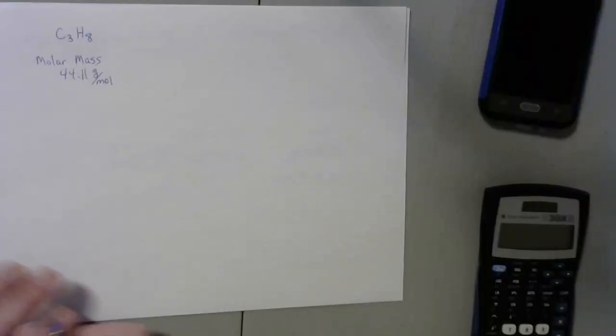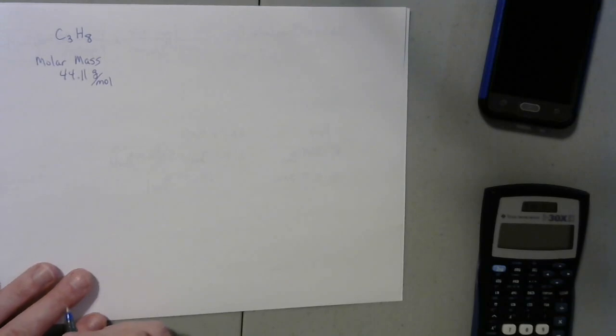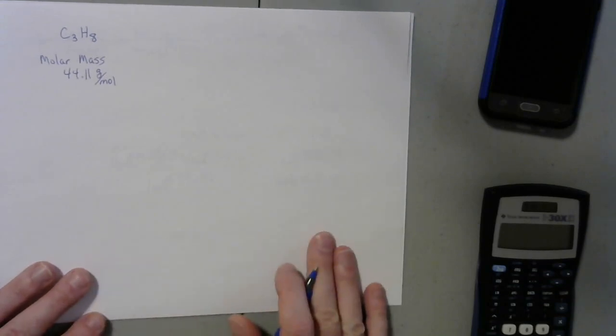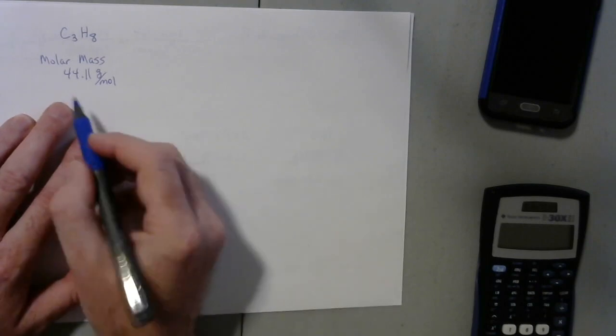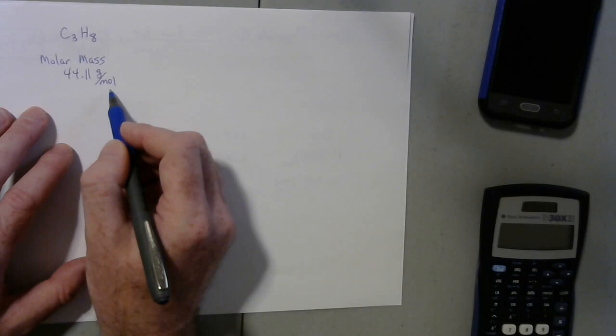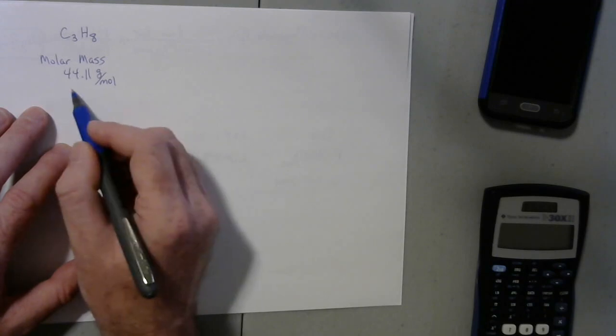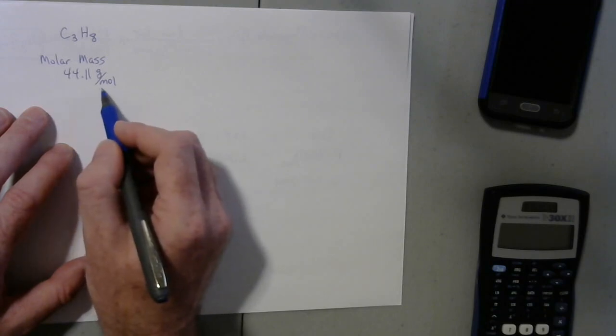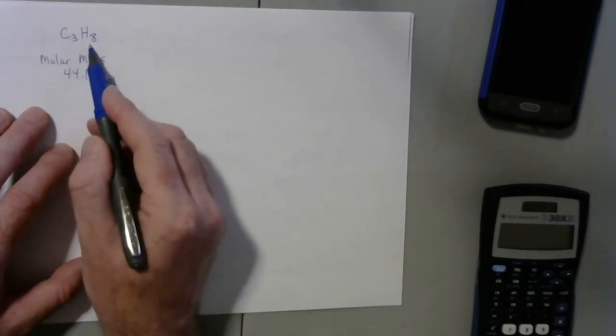All right, so we're looking at the percent composition of each element in the molecule C3H8. We found in the molar mass of a compound lesson, you can go back and review, that the molar mass was 44.11 grams per mole. But we need the contribution of carbon and hydrogen.